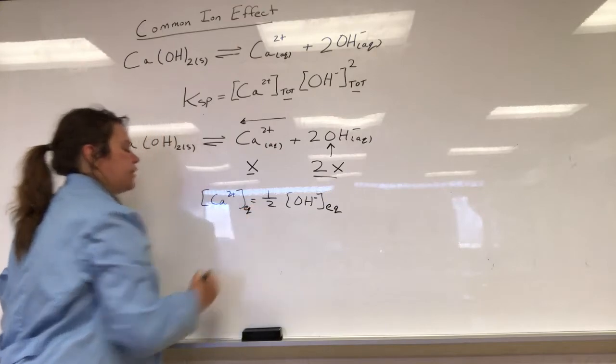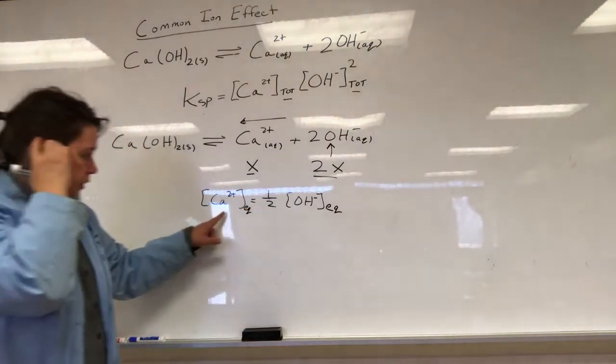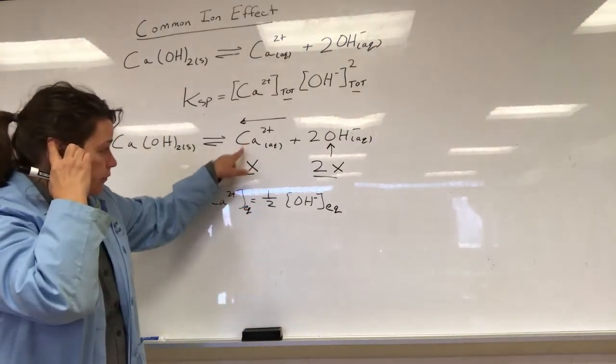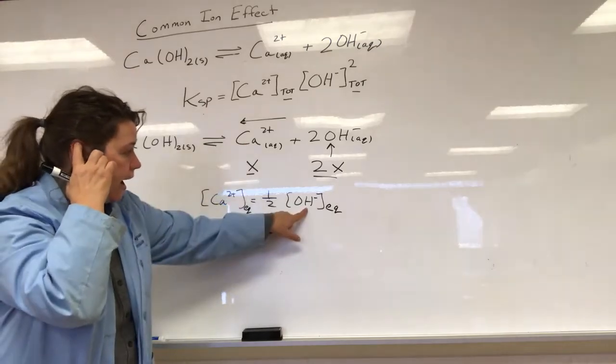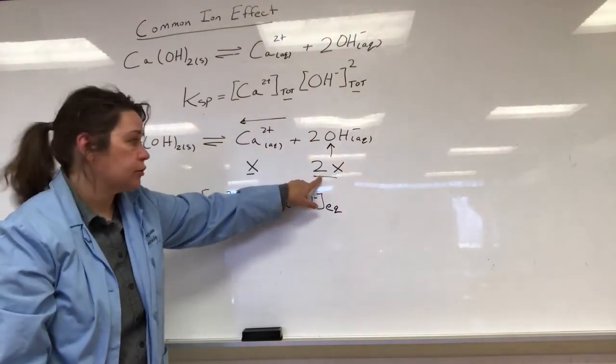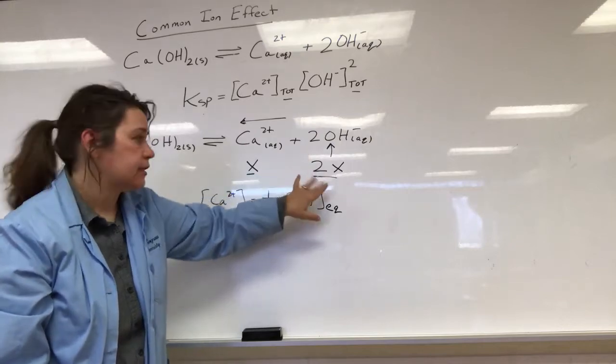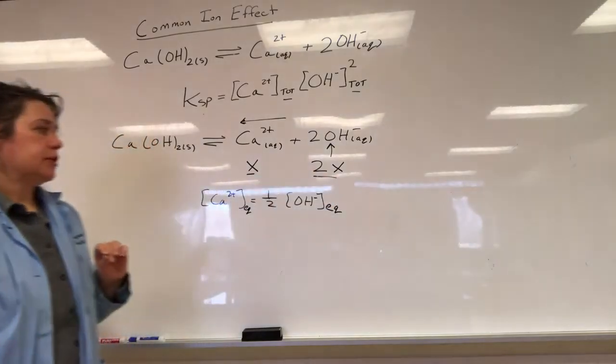The same is true of the calcium. So the calcium produced by the equilibrium, x, is going to be 1/2 the hydroxide concentration produced by the equilibrium. That makes sense because the hydroxide is going to be 2x.